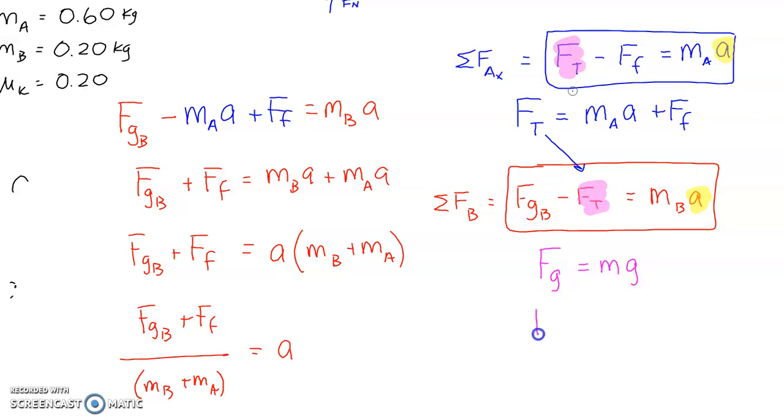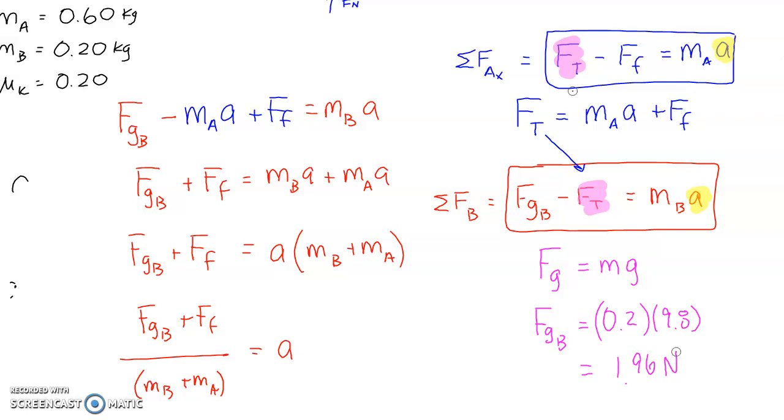So Fgb is just going to equal the mass of B, which is 0.2 kilograms, times 9.8. And when I do that, I get, sorry, just want to make sure I'm right. I'm not really good at mental math, so 1.96. So that's what's going to go in for Fgb.